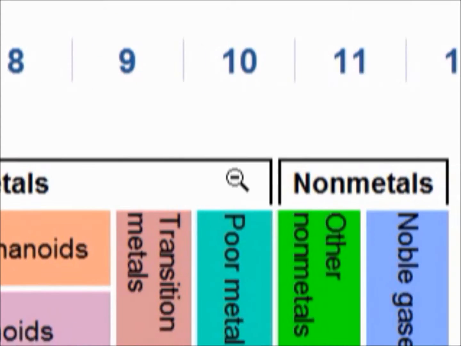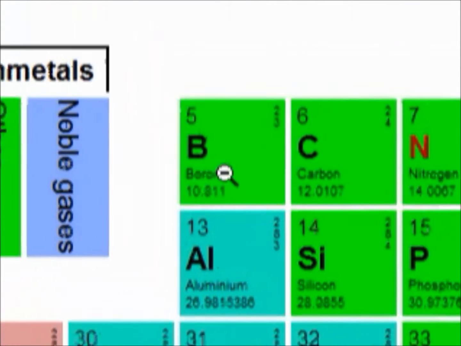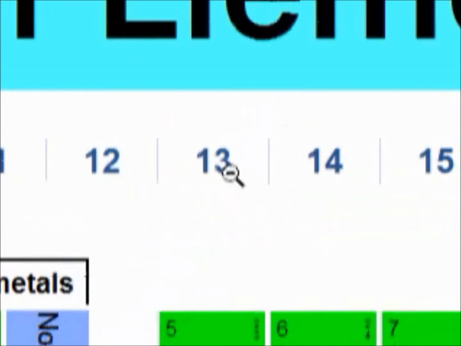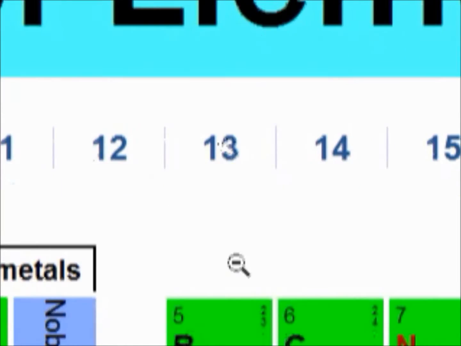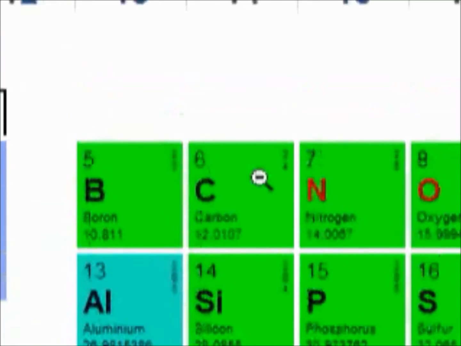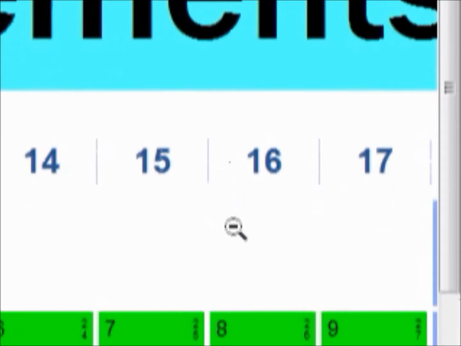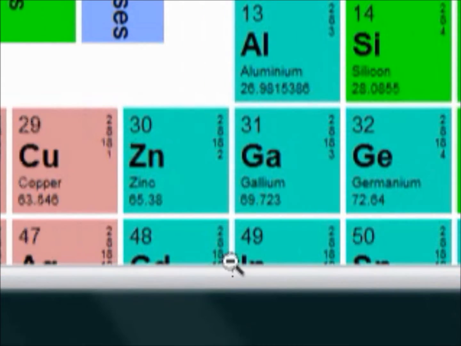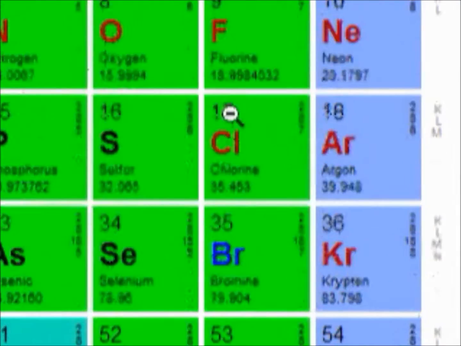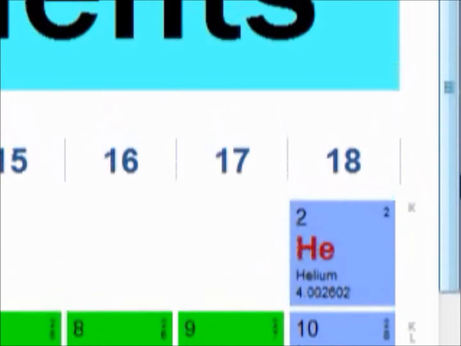So let's say we do boron or carbon. Boron would be 13, since it's in group 13. Carbon would be 14, nitrogen 15, oxygen 16, and so on. Same for that.